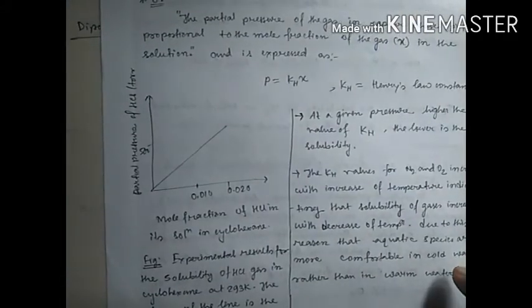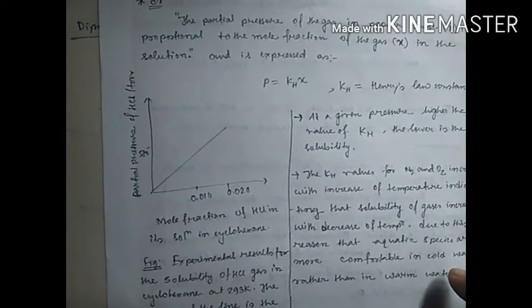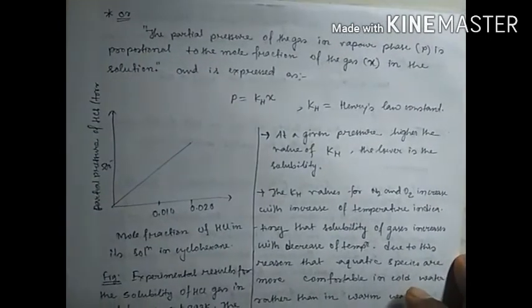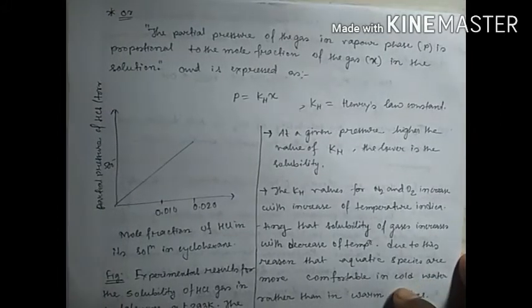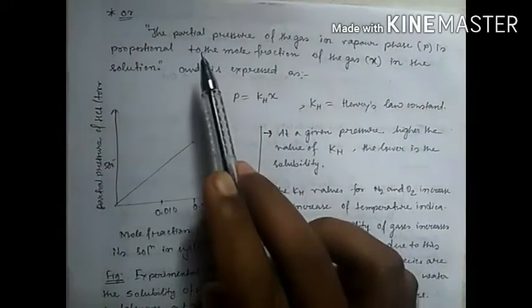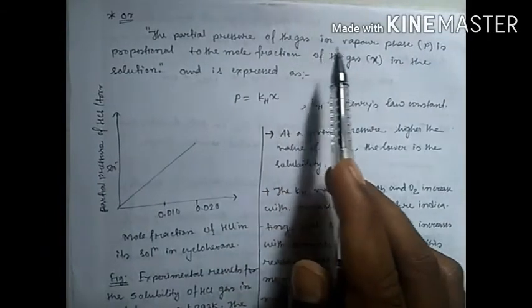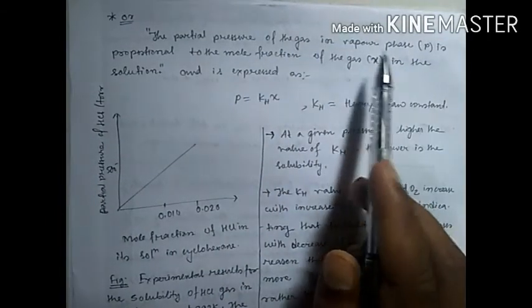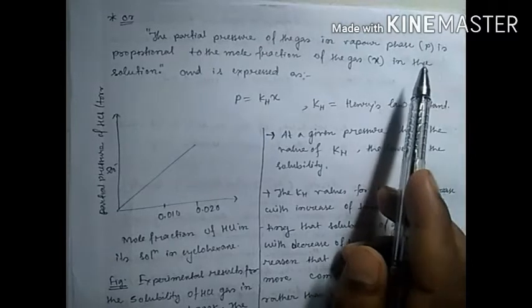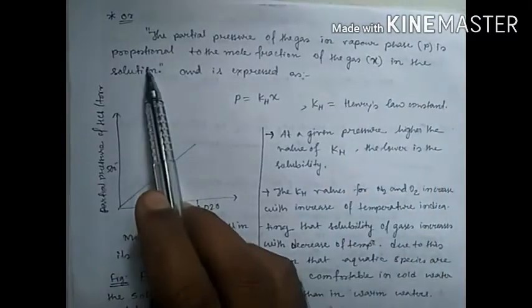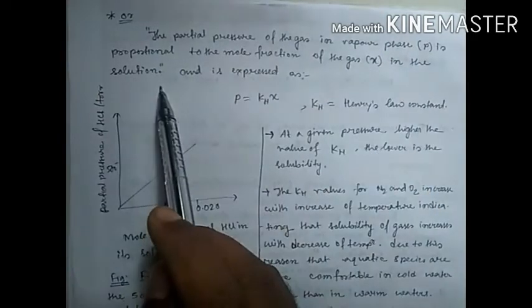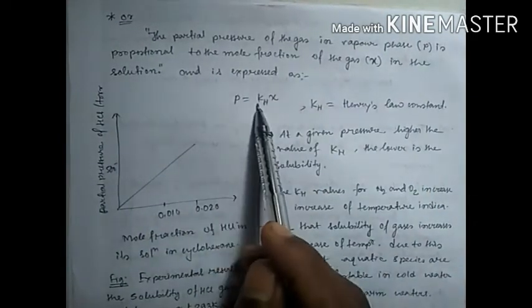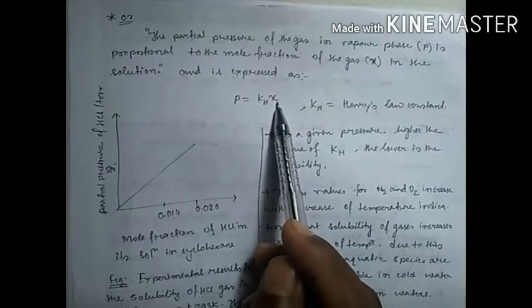Now if the concentration of the gas is expressed in terms of mole fraction, Henry's law states that the partial pressure of the gas in the vapor phase, P, is proportional to the mole fraction of the gas, xi, in the solution and is expressed as P equals KH xi.